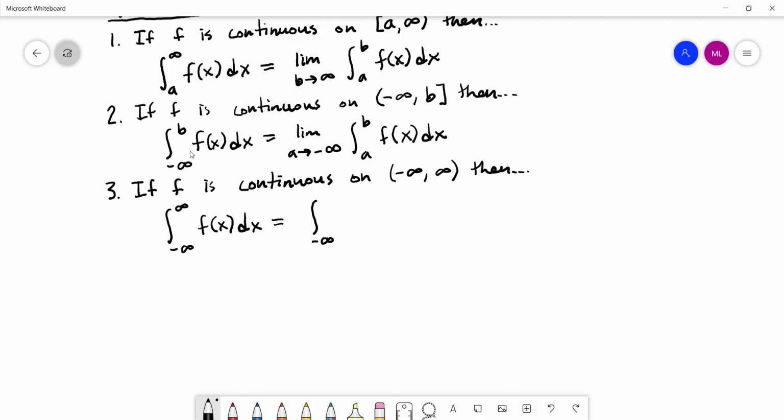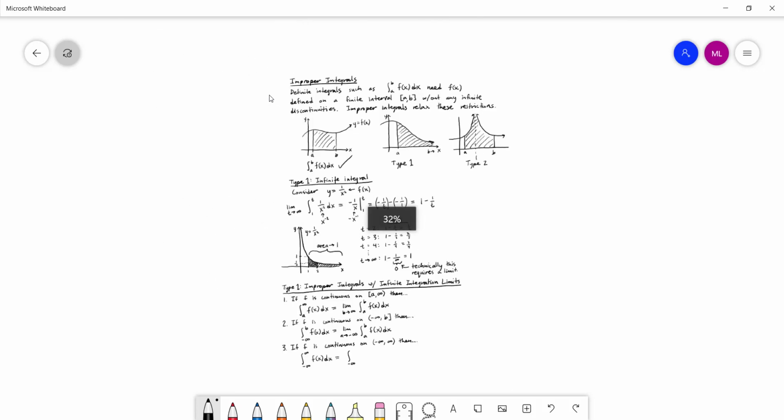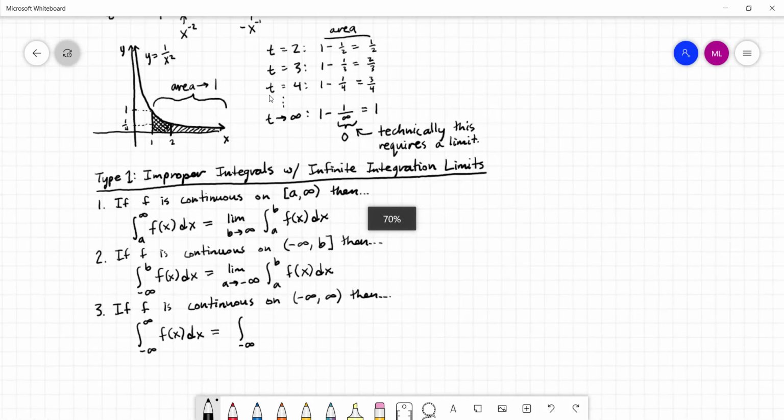We'll make an arbitrary point that'll be the upper bound of this integral, and it'll be the lower bound of this integral. We're basically just going to cut this integral into two pieces, one that looks like the top, one that looks like the bottom. And I'm going to call that point where I'm doing the cutting c.